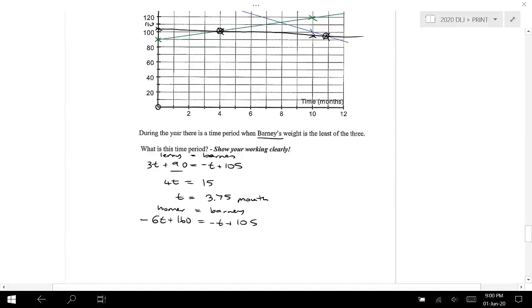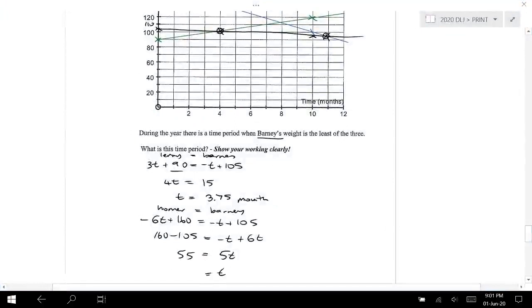So if we collect our t's on the right, so that we get positive, 160 minus 105 is equal to negative t plus 6t. So 55 is equal to 5t.